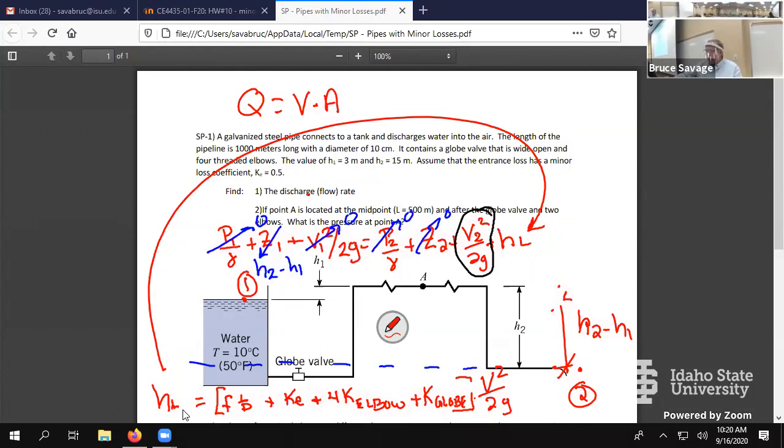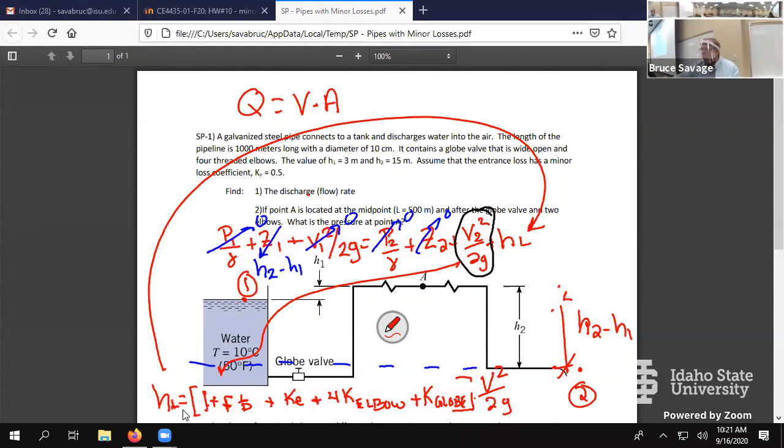Yes. So by the time you solve this, I could come down here and bring this value down, and I could put this as 1 plus fL over D. Then you would just put h12 equals that equation and solve for V. That's what I was missing, I solve for velocity that way.